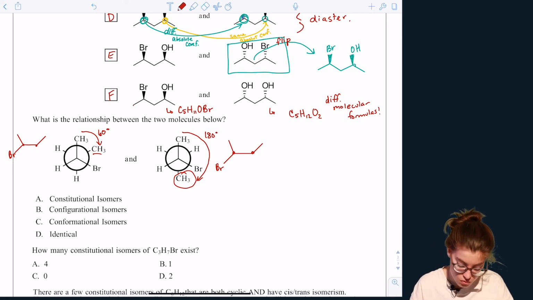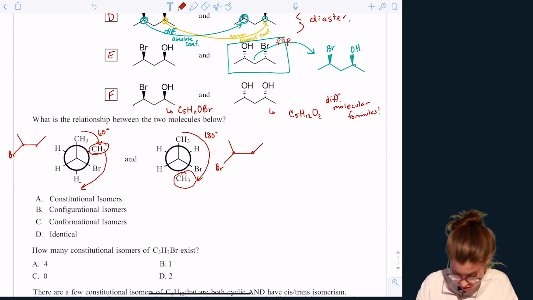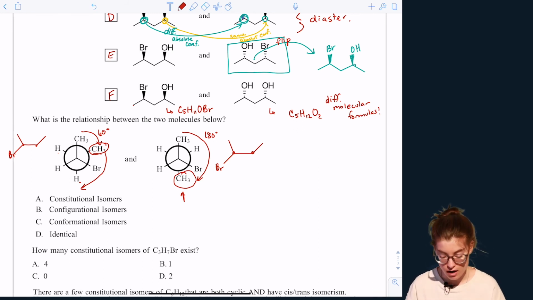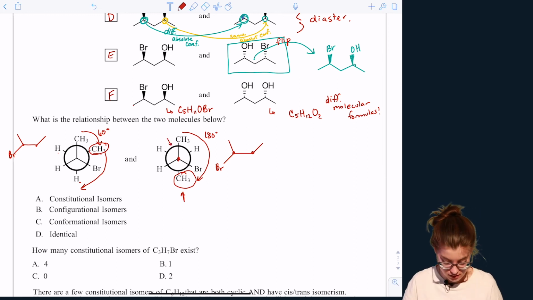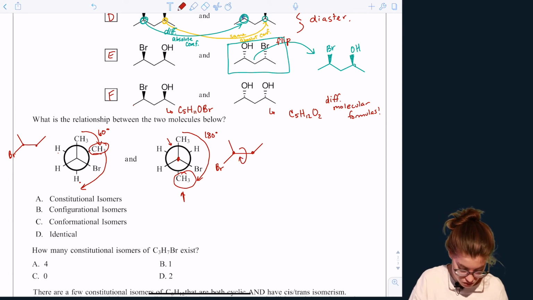So all that we've done here is we've taken this back carbon methyl group, and the hydrogens, right? And we've rotated them about 120 degrees to get them down into this position, which means all that we've done here is rotated around the sigma bond between the front carbon and the back carbon that we can't see. In other words, we've just rotated around that. So these are configurational isomers.